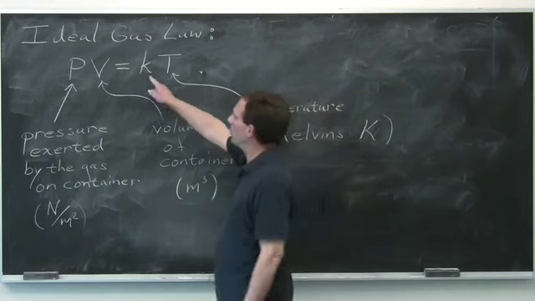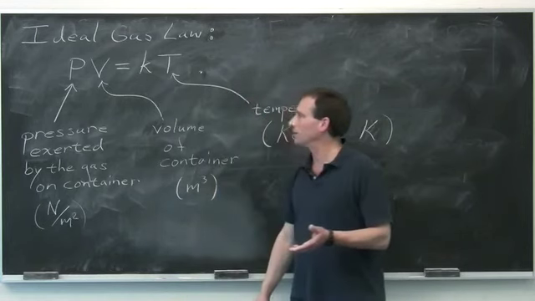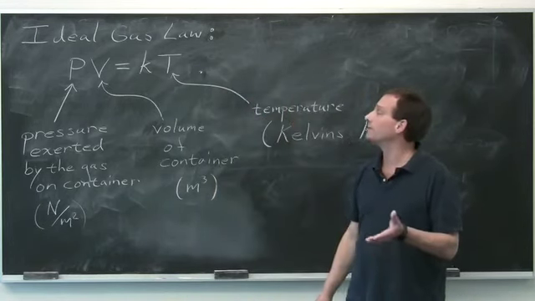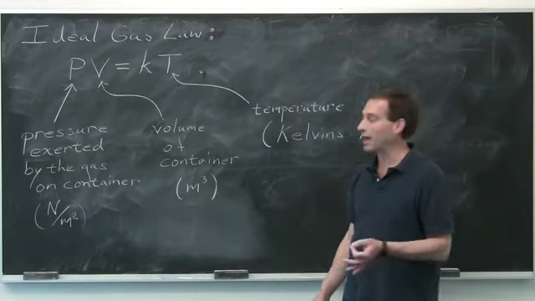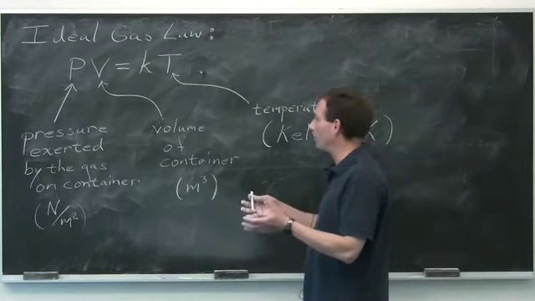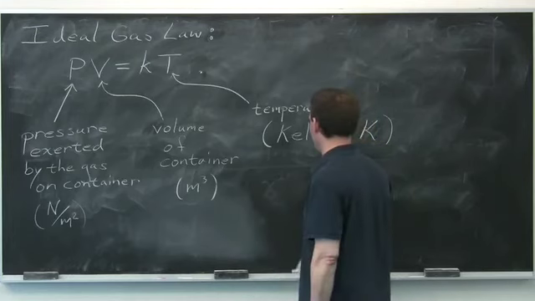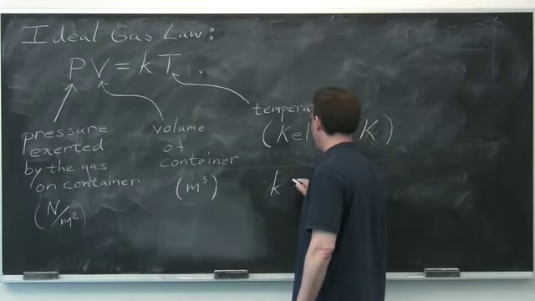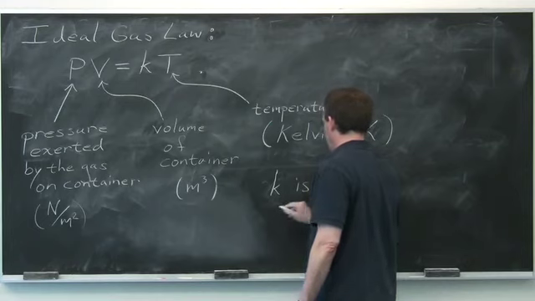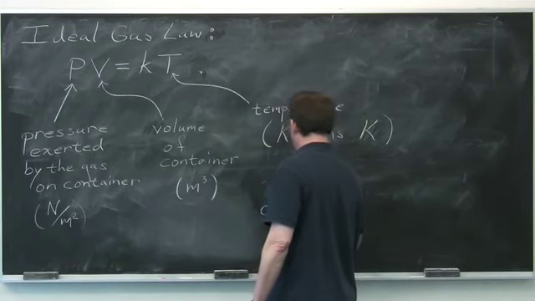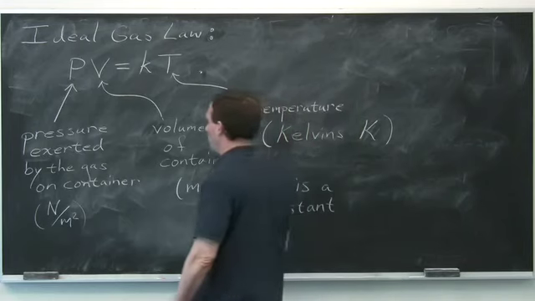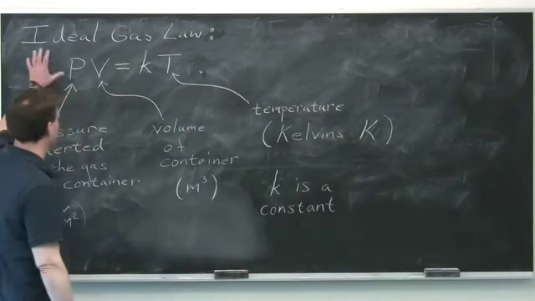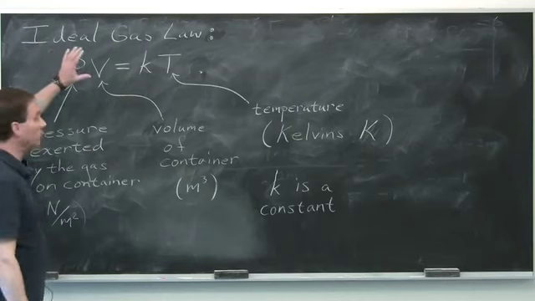And K is a proportionality constant that depends, well, on the fact that we have an ideal gas and on the amount of gas that we have, the number of molecules of gas that we have. But for a fixed problem where you have a fixed amount of gas, K is a constant, which is measured in, well, the units it needs to be measured in to make this all correct.